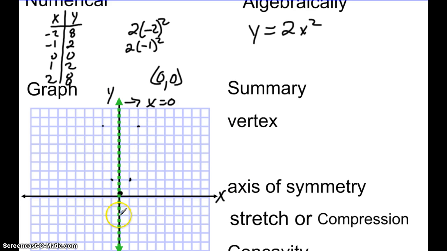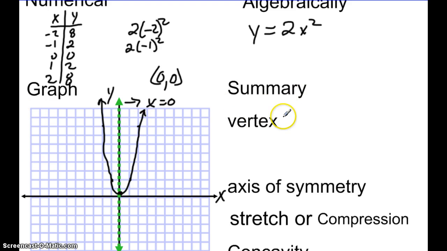It helps us create a mirror image of the graph. This is 2 units away, that's 2 units away, this is 1 unit away, that's 1 unit away, and we get this nice smooth curve, not really smooth, but good enough for us, of the equation 2x squared.